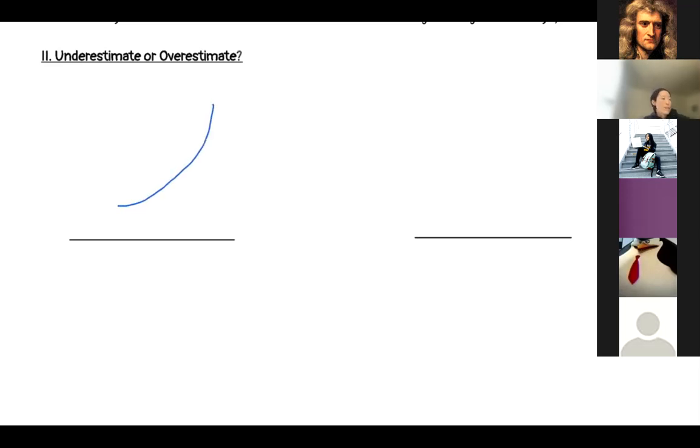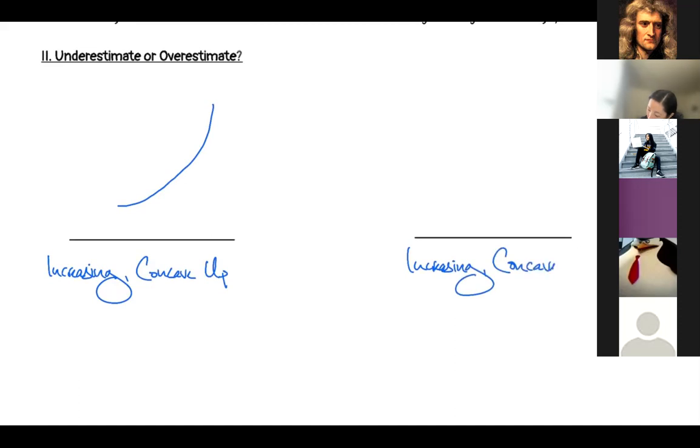And so you have a function that maybe looks like this, okay? Now, would you say that this is concave up or concave down? Okay, good. It is increasing and it is also concave up, okay? And in the picture next to it, I'm also going to draw an increasing function, but we're actually going to draw one that is increasing and concave down.